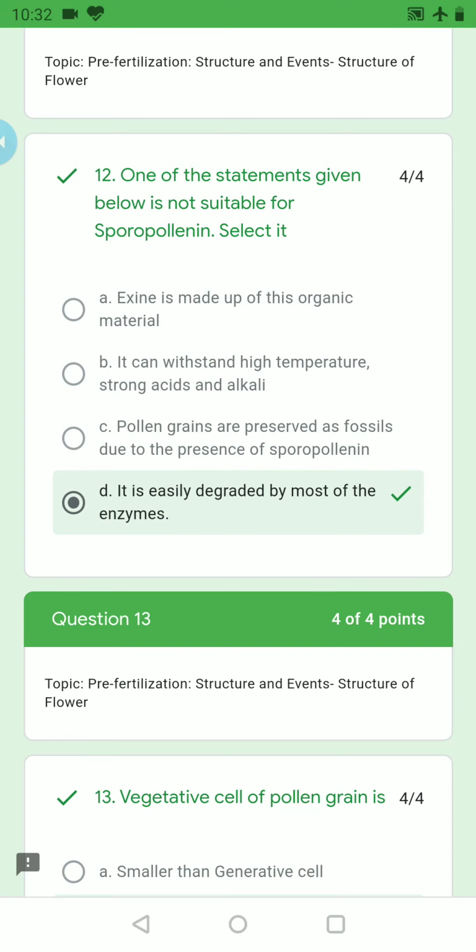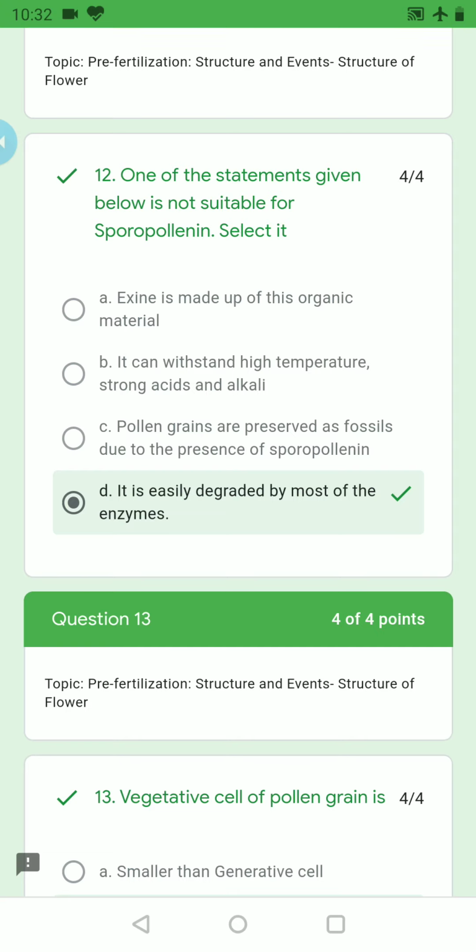Exine is made up of organic material. Then, it can withstand high temperature, strong acids and alkali. Next, pollen grains are preserved as fossils due to the presence of sporopollenin. Then the fourth statement: it is easily degraded by most of the enzymes. False.